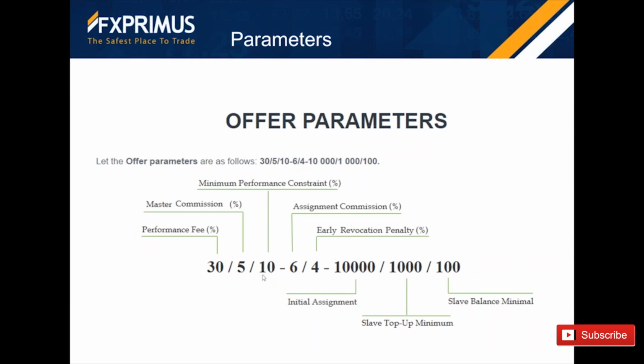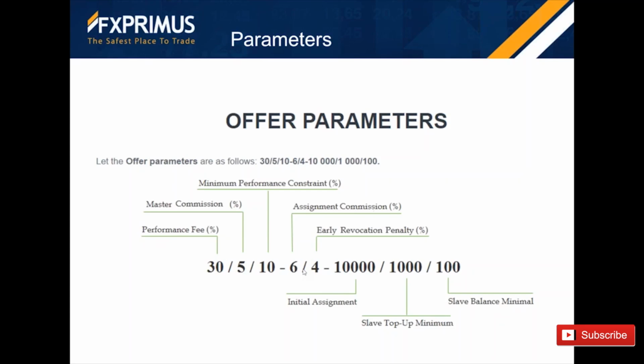So it's calculated as follows: 5% over 260, because we have 260 trading days, times the balance of the follower. Then we have the minimal performance constraint, which means the master will not get any profit unless 10% is reached. So if he makes 5% profit, he will not get any performance fee.